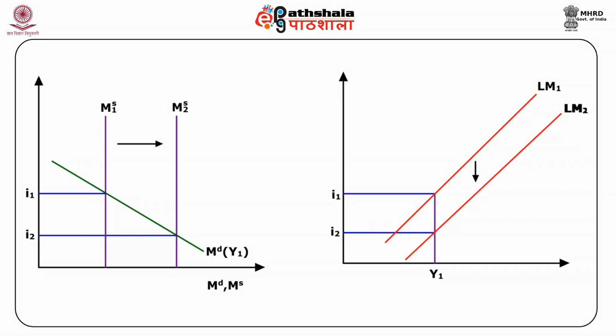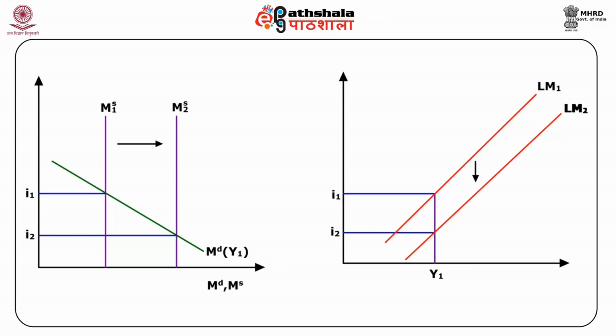When there is an increase in money supply by the monetary authorities, the money supply curve shifts rightward from MS1 to MS2. As money supply increases, the new equilibrium between new money supply curve and original money demand curve is established at a lower interest rate I2.